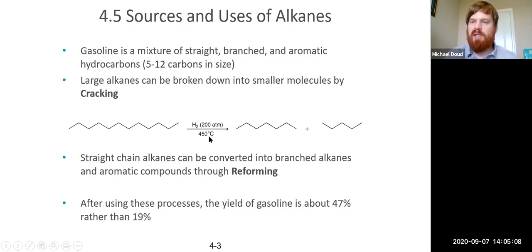And at a very high temperature, 450 degrees Celsius, you can crack it. Basically what that means is you're breaking one of the carbon-carbon sigma bonds, but you're making two smaller hydrocarbons, which can then be used for gasoline. So after you reform these straight chain alkanes and you crack the larger alkanes, you can actually get almost 50% gasoline from your petroleum.